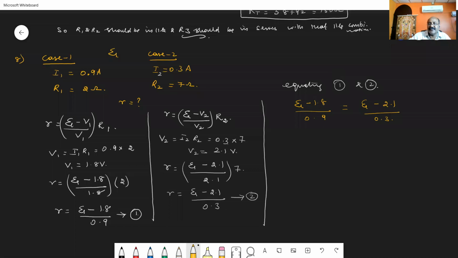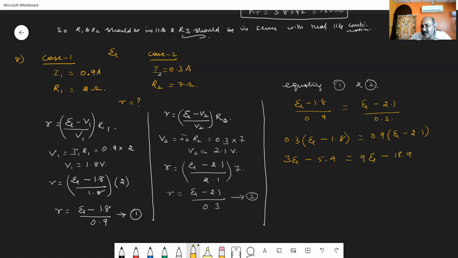Make a cross multiplication. You will be getting 0.3 into (E minus 1.8) equal to 0.9 into (E minus 2.1). So you multiply with 10 on both sides. You will be getting 3E minus 5.4 equal to 9E minus 18.9.